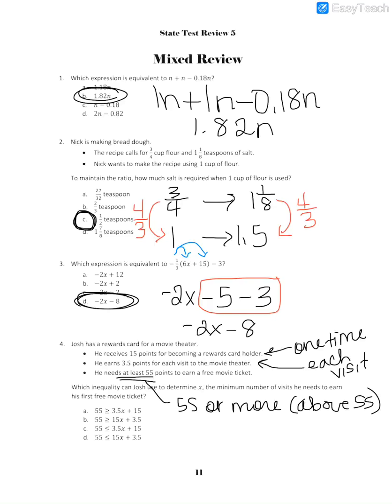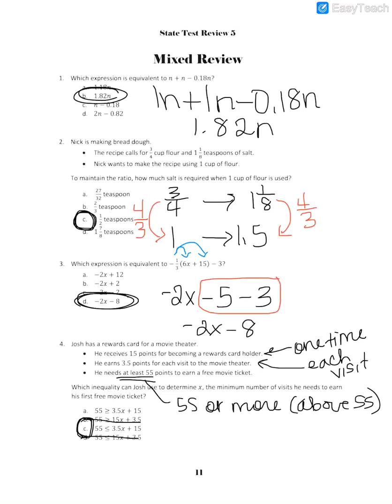That would be choice A and choice C. So I'm going to cross off B and D. The last thing is that you need at least 55 points to earn a free movie ticket. So I need my points to be above 55. So 55 has to be basically the smallest amount of points I could have. I want it on the small side of the inequality, and that would be choice C.